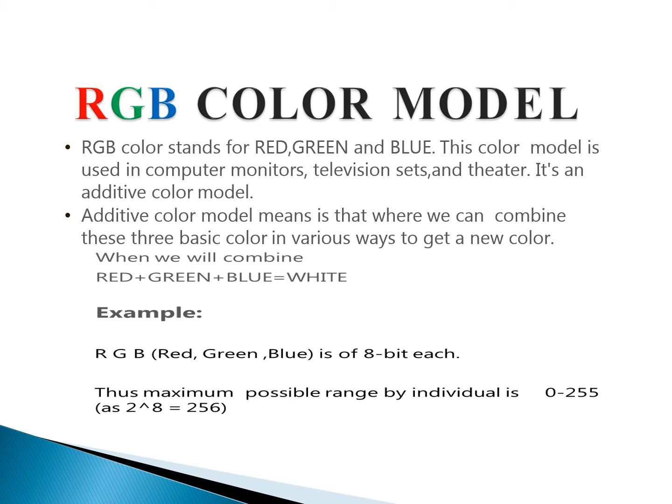That means we have the range from 0 to 255. That means we have 256 shades of red, 256 of green as well as 256 shades of blue, because each of these occupies 8 bits. So we can combine all these things and get different colors.